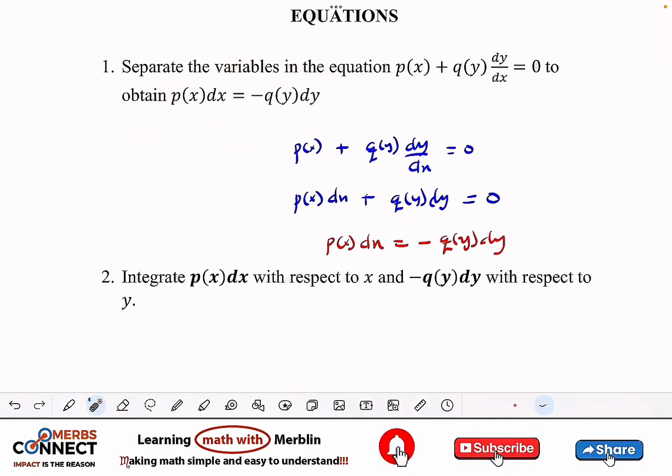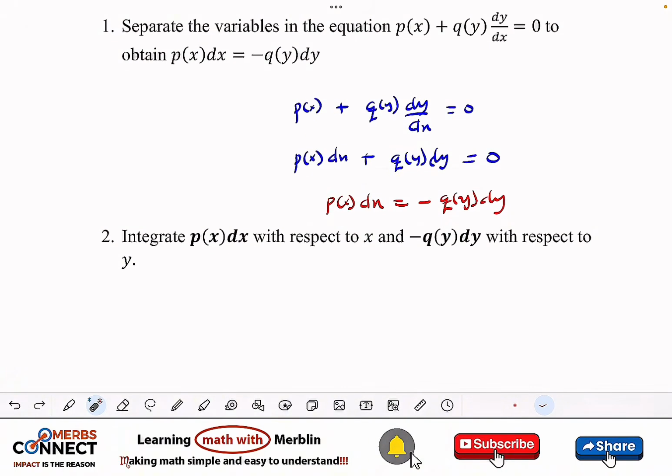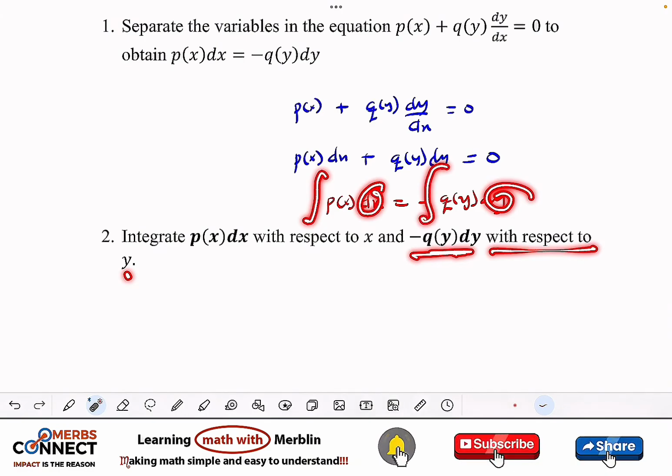So for us to do the integration, after we've written the equation in this form, we need to also convert it to this form so that we can integrate. So after I've done this, what I just need to do is integrate this with respect to x, and I integrate this with respect to y, which is already with them. I just integrate both sides here.